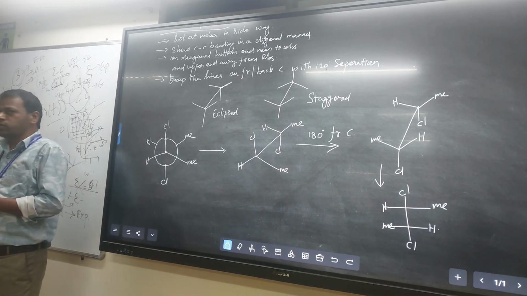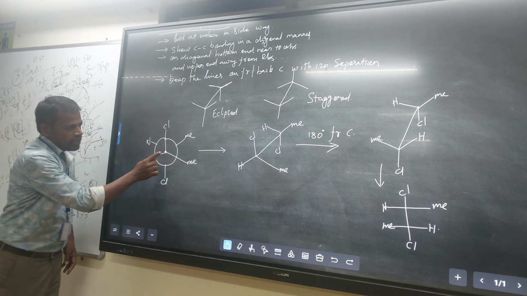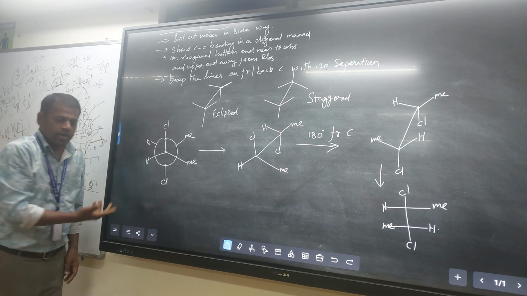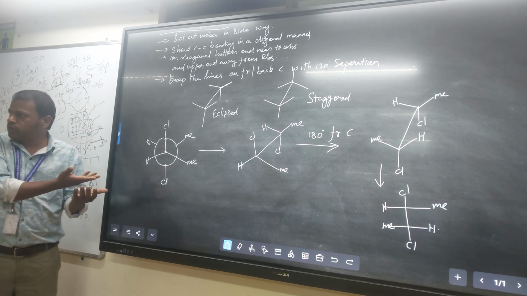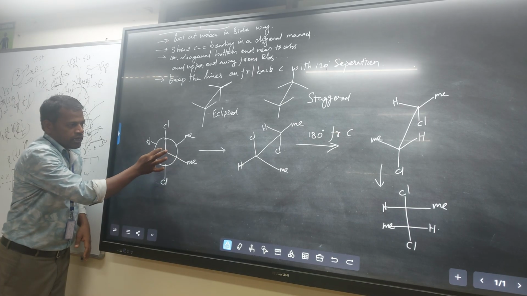So you are very familiar. Butane means 4 carbons are there. Methane, ethane, propane, butane. I am drawing here: this is first carbon, second carbon, third carbon.